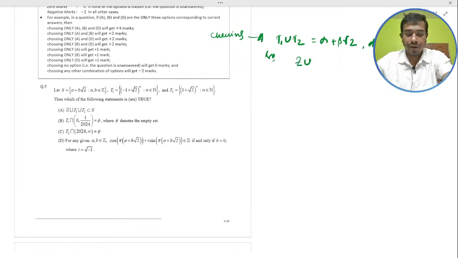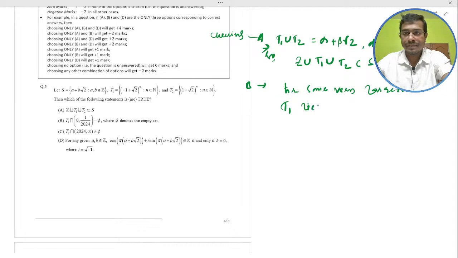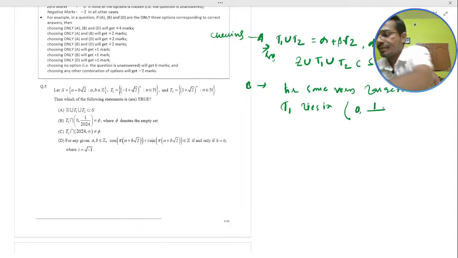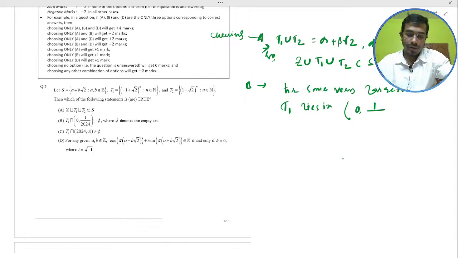So the T1 union T2 is a subset of S. Now check option B. For some very large n, the T1 lies in 0, 1 by 2024.